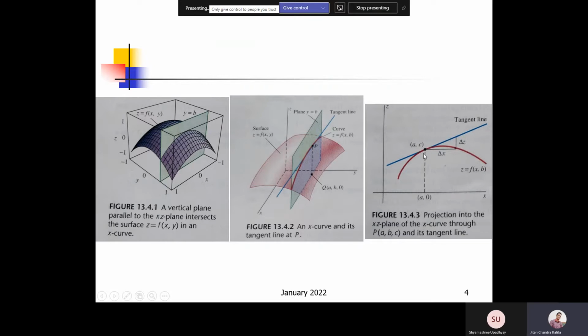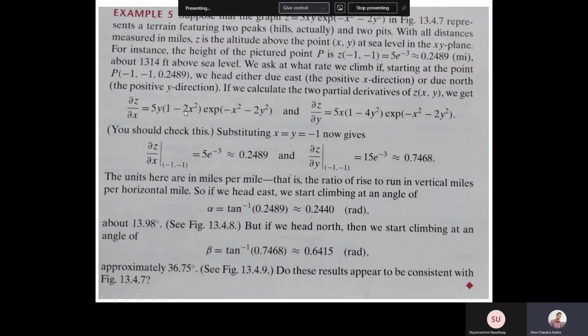The partial derivative of the function f with respect to x is nothing but the slope of the tangent line to the curve cut out by the plane y equal to b at this point. You may consider this increment to be delta x, this increment to be delta z. Okay, fine. You will see an example after this.